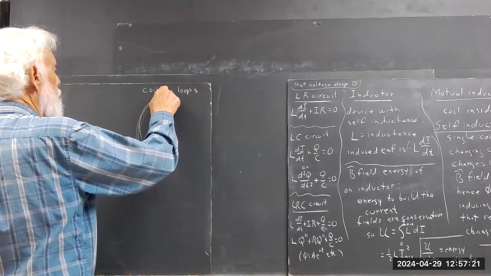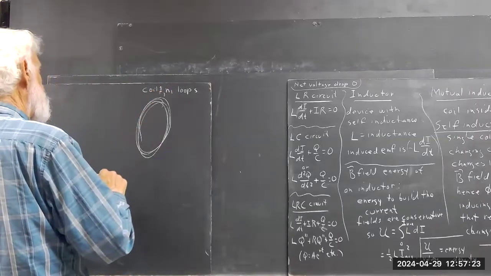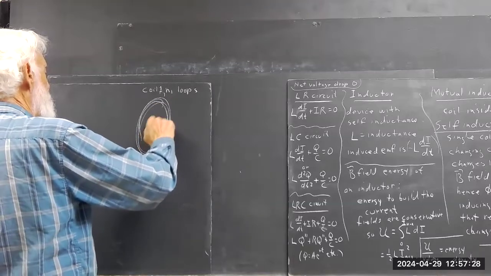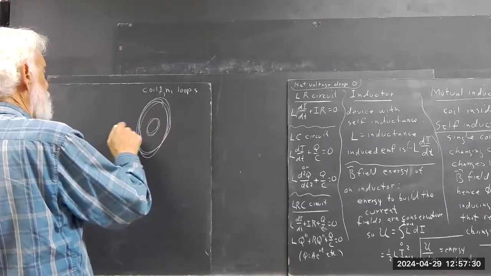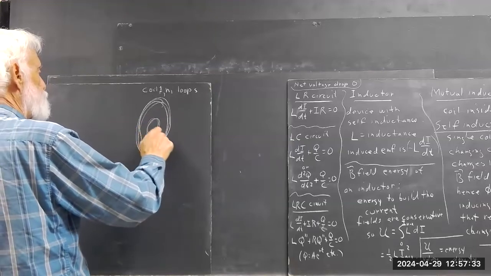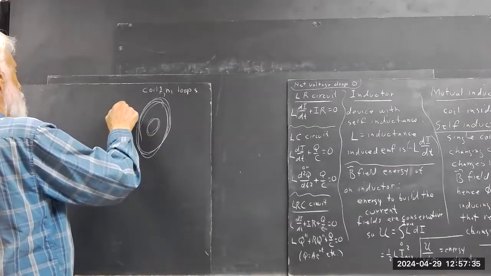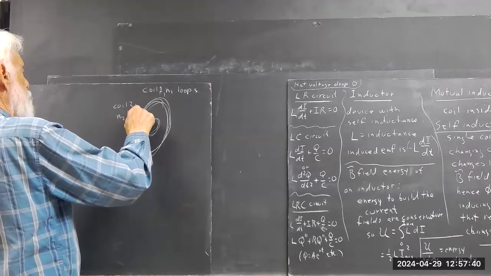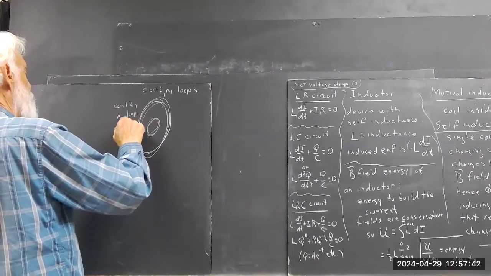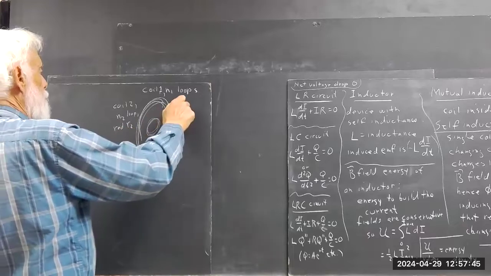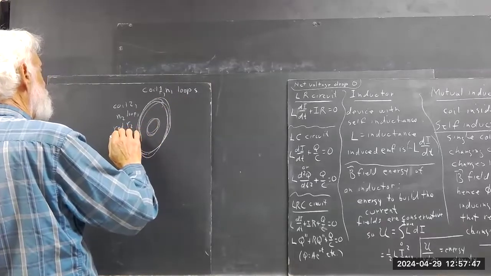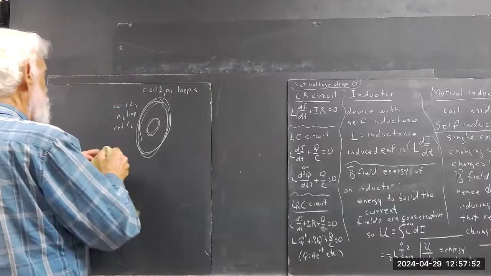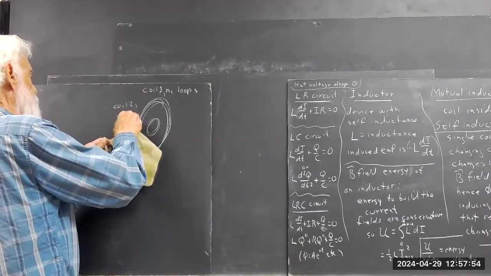We'll call this coil 1, radius R1. Then coil 2 in the same plane, with N2 loops and radius R2. So I might talk about R vectors, but let's use A2.